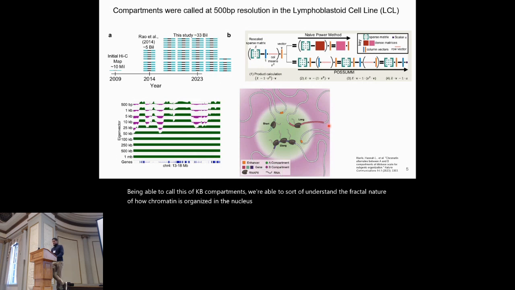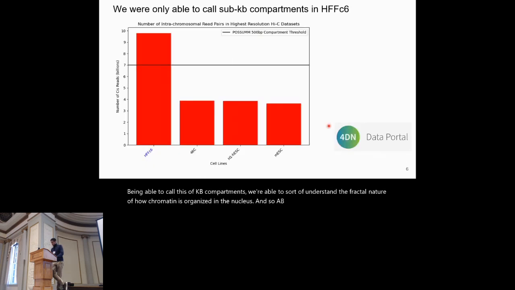And so AB compartments are cell type specific. And so the question we wanted to ask was whether we can call them in other cell lines other than LCLs. And we tried out multiple cell lines shown here, those with very deep sequencing data, and we were only able to call them in this fibroblast cell line called HFFC6.